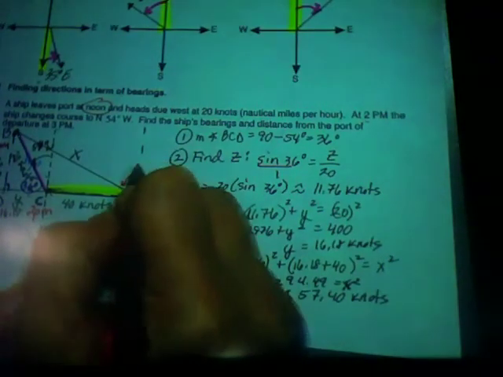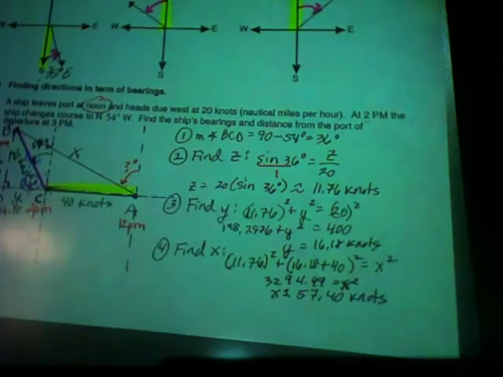So we have to figure out what this degree is right here. Well, if you go with, you know what, wouldn't it be the same? So if you take that plus 90 equals that one, and then you take 180 minus the.